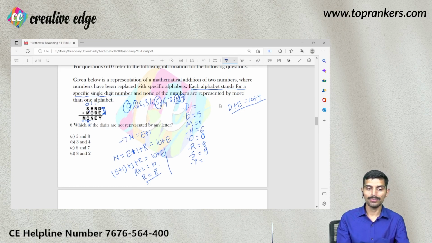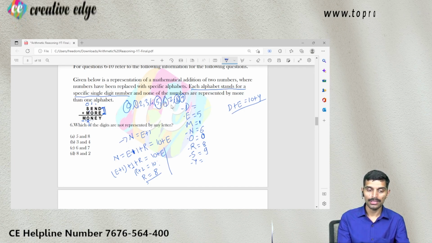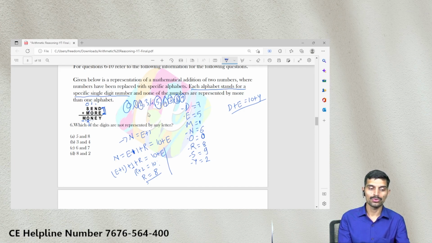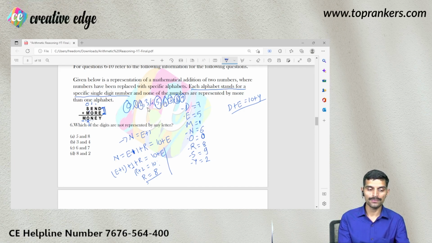So D has to be 7. D does not have any other choice because it is generating a carry. So D is equal to 7. So 7 plus 5 is 12, so Y is equal to 2. So the digits we have not consumed are 3 and 4.